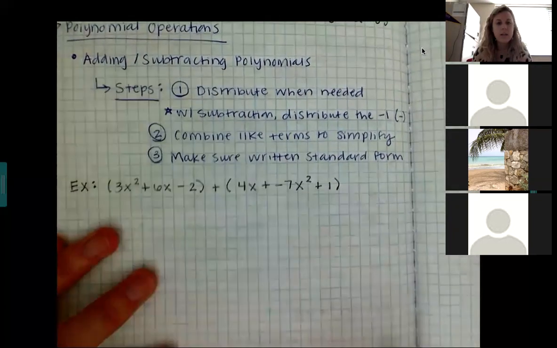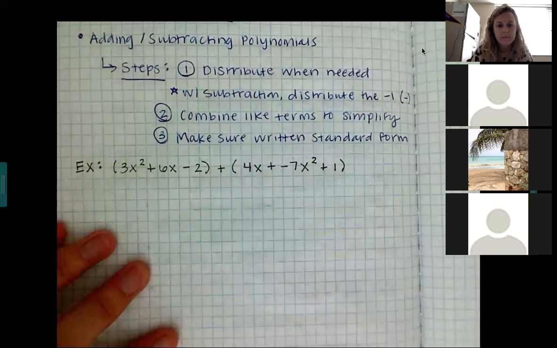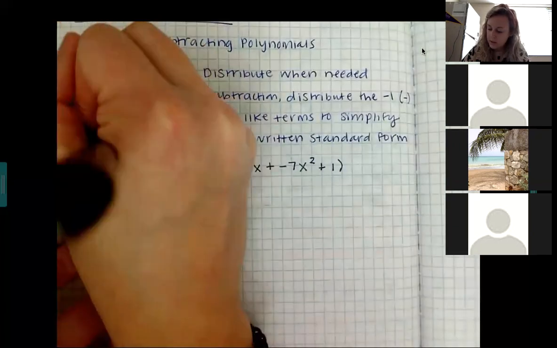So we're going to add these two polynomials right here. And I'm going to call this example 1.